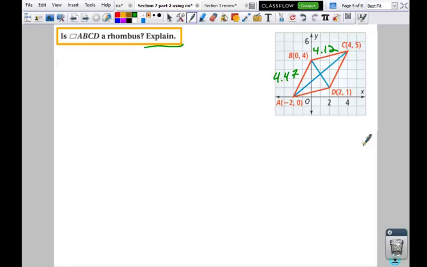Does that mean it's a rhombus? Nope. As soon as you find one that's different, you don't need to keep going. So it is not a rhombus, and for the explain part, all I really need is this: the sides aren't all equal to each other.